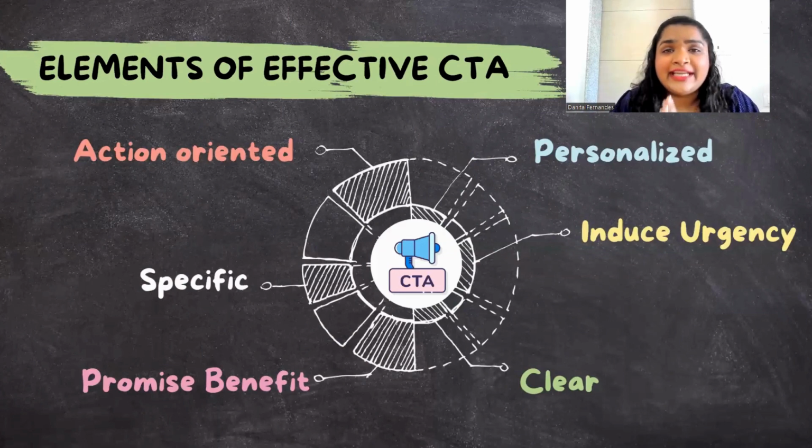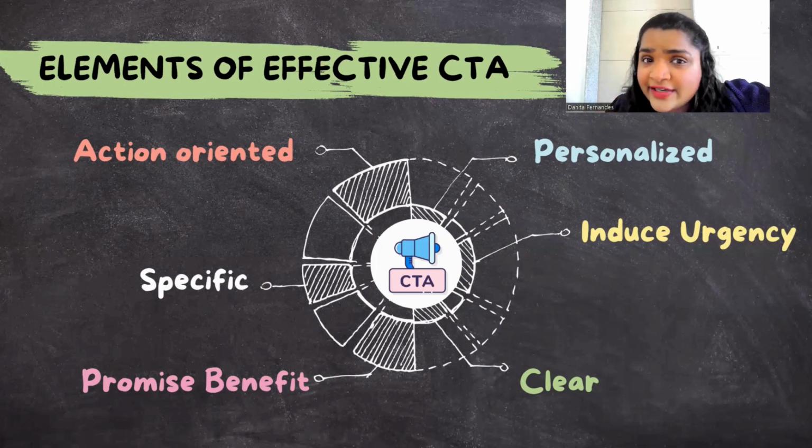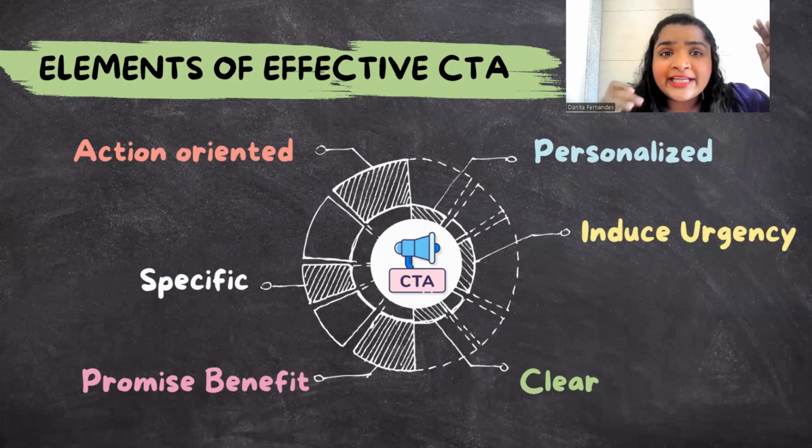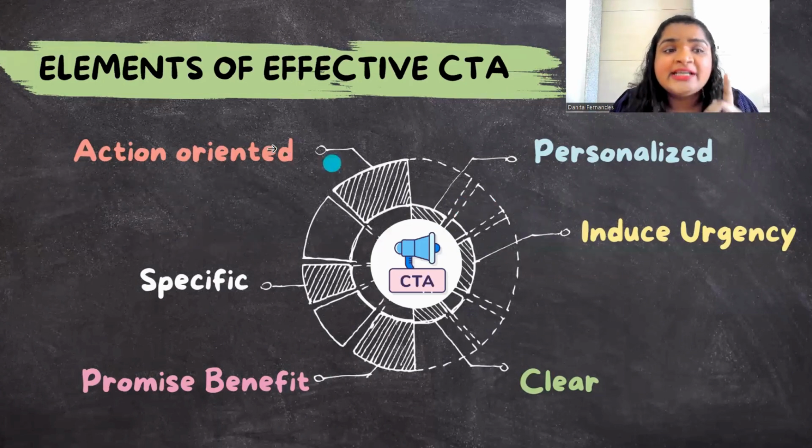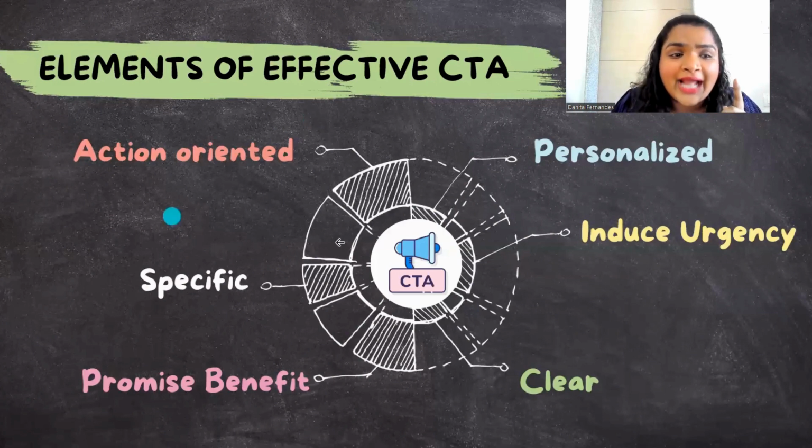If you want your CTAs to perform, if you want your CTAs to drive higher conversions, all the CTAs you write must have these elements. What are these elements? First, the CTA must be action-oriented.